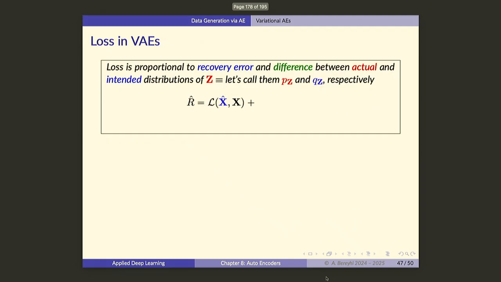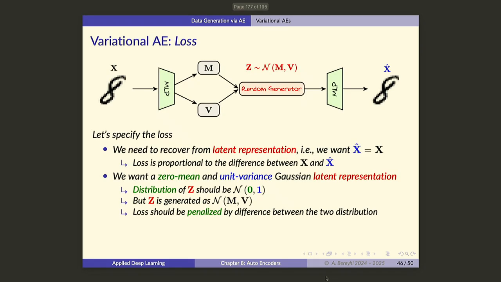But KL divergence is simply the difference between this normal distribution and this normal distribution. And now, you might say, OK, if I compute KL divergence, how does it impact M and V? Essentially, when you compute the KL divergence between this guy and this guy, this is going to be at the end only a function of M and V. And then if you minimize this KL divergence, it means that you're going to push M and V to be exactly 0 mean, unit variance.